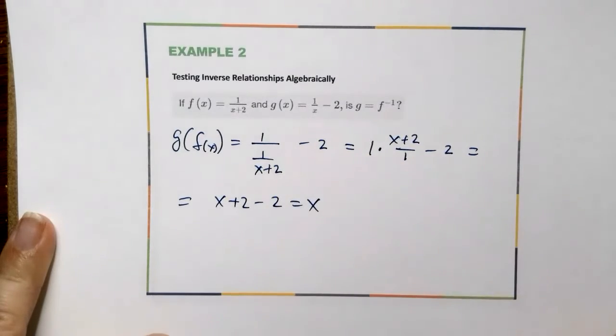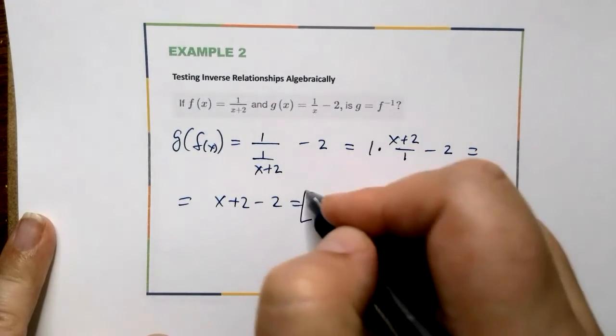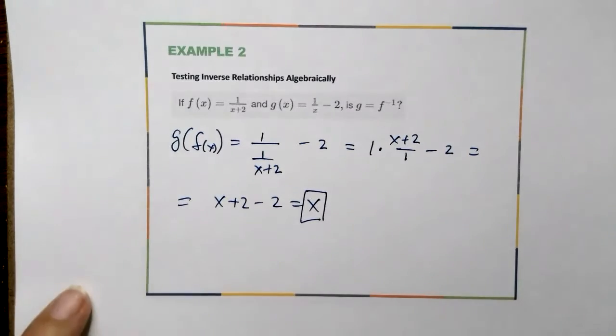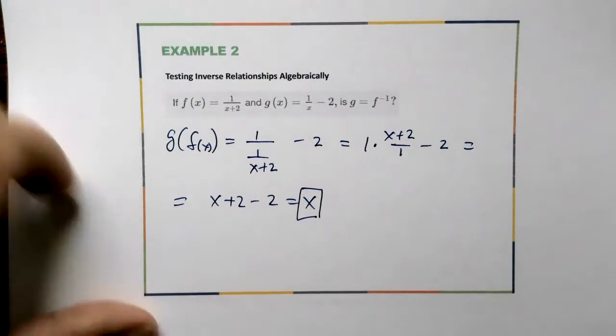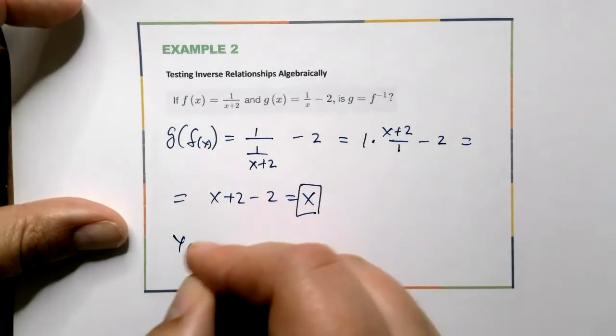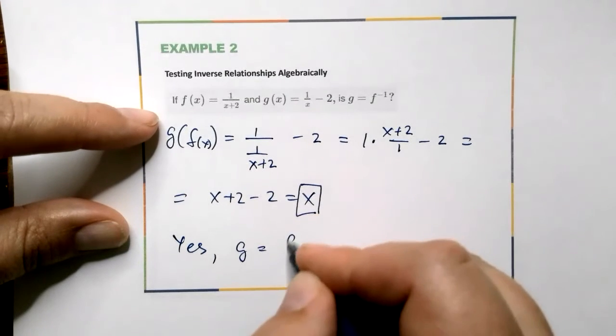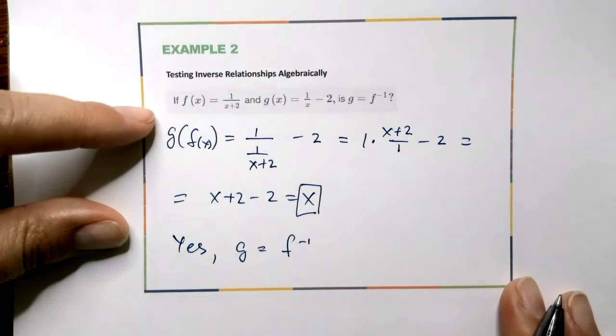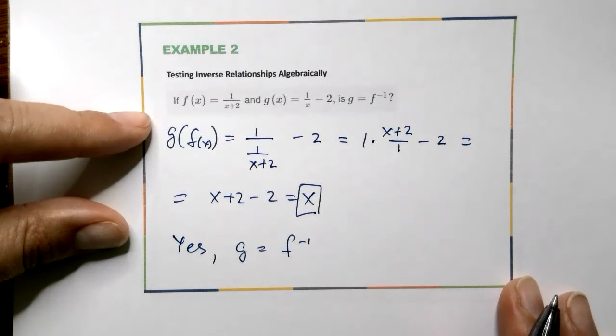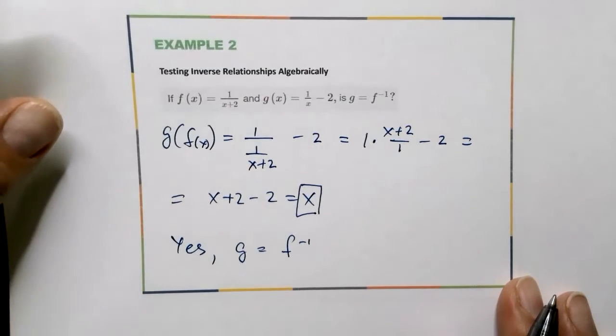So I get x in the end, and that means that yes, g is the inverse function of f. All right.